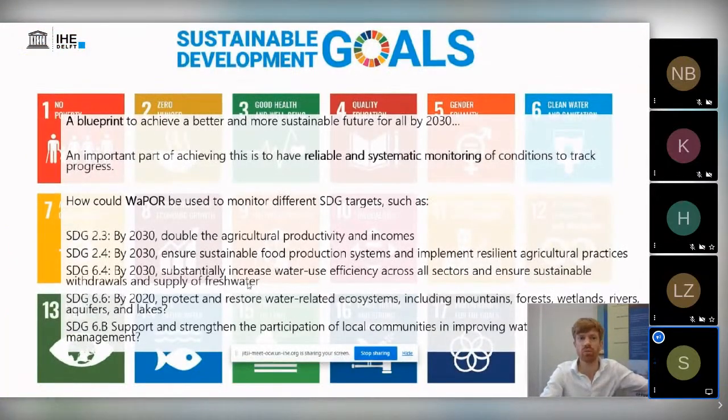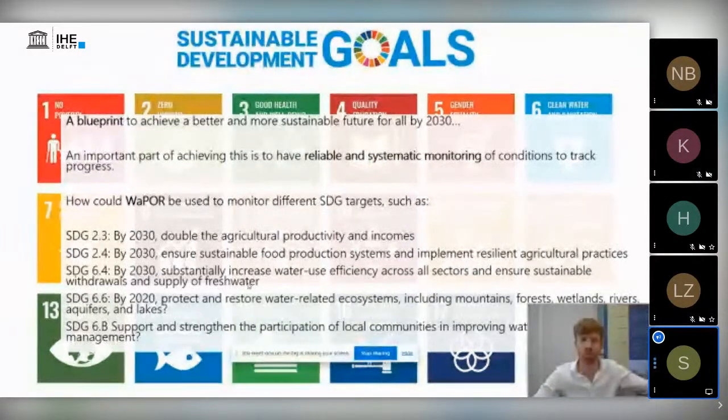Sustainable Development Goals. So the Sustainable Development Goals, they're a blueprint, right, for how we want to get from 2015 to 2030. How do we envision what is going to happen? There are a lot more goals as well. We've identified 2 goals that could really be specifically focused on when looking at WaPOR.